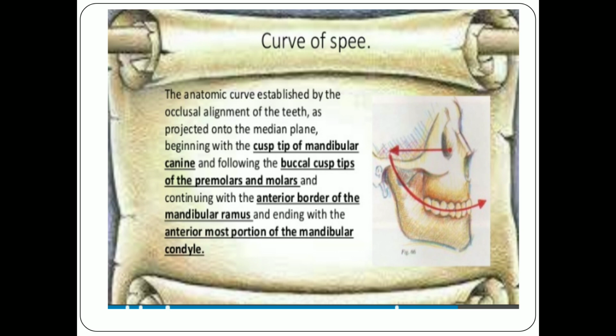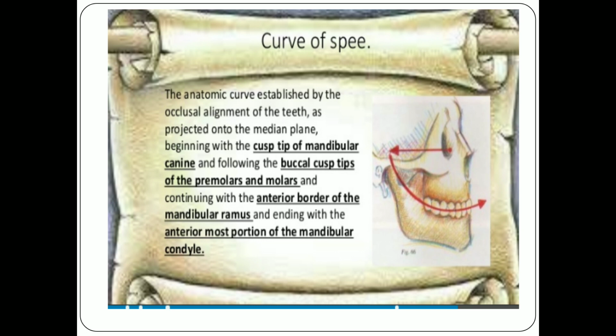You write clearly: it is the anatomic curve established by the occlusal alignment of the teeth as projected onto the median plane, beginning with the cusp tip of the mandibular canine and following the buccal cusp tips of the premolars and molars, continuing with the anterior border of the mandibular ramus and ending with the anterior most portion of the mandibular condyle.